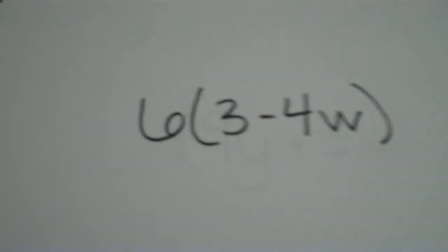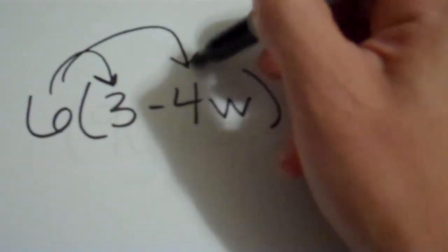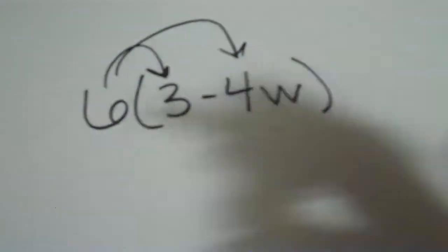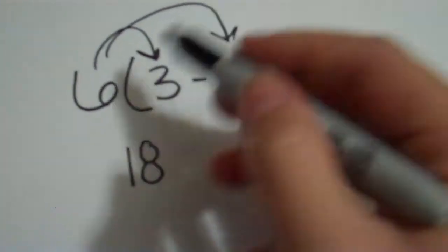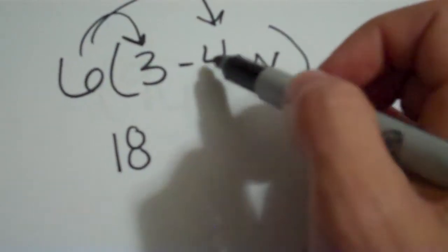Alright? Number 3. Write it down. Go ahead and do this. 6 parenthesis 3 minus 4w. Close it. We're going to do the same thing. So we're just going to draw our arrows, which you can't really see here. 6 times 3, I'm just going to tell you, you should know, but if not, use your calculator. 6 times 3 is just 18. And there's not any letter here, so we just leave it alone. And then do 6 times negative 4, because that's not a positive 4, it's a negative 4, essentially.